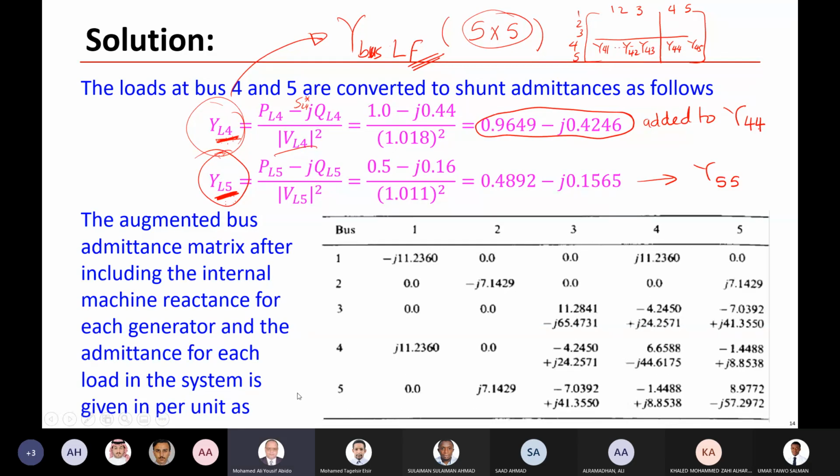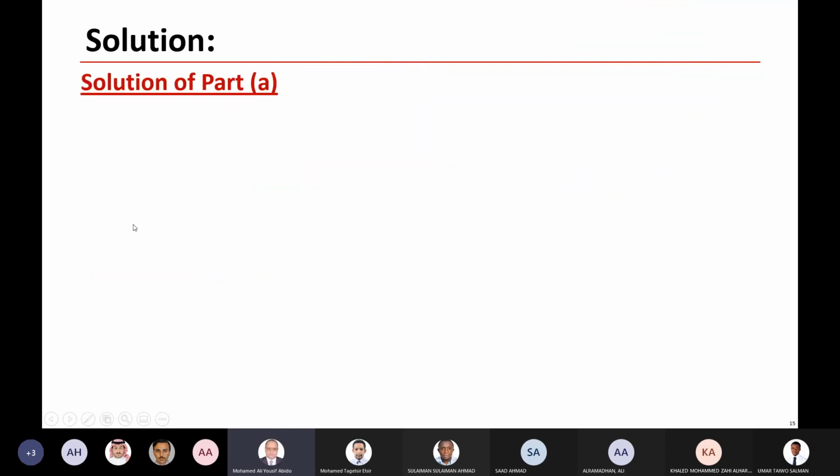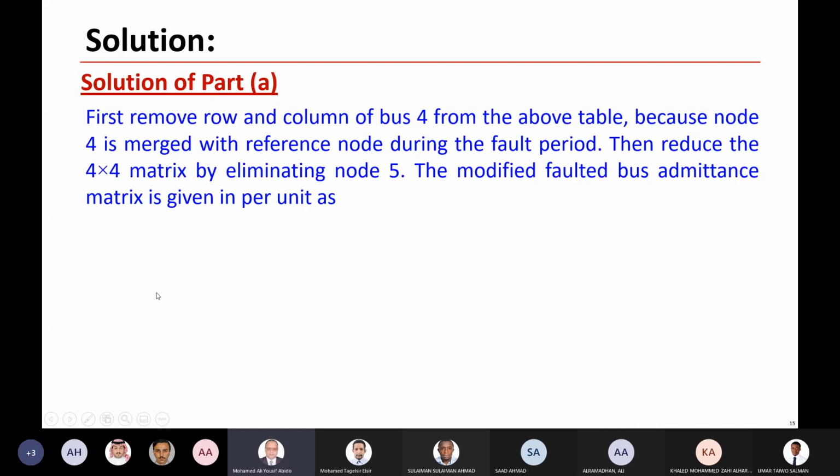So we also incorporate the reactance of the machines for this Y bus matrix. So this is after adding both, and then we can reduce the matrices later on to 3 by 3 by Kron reduction.